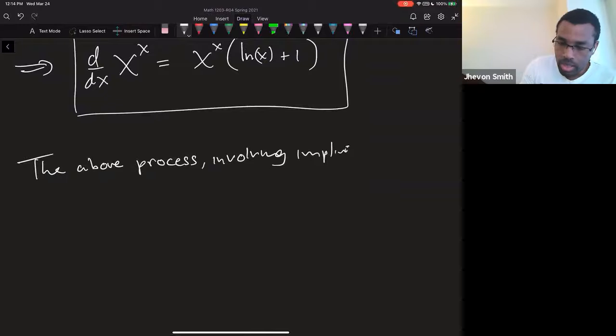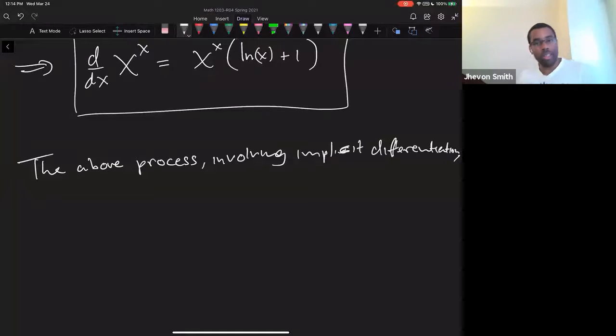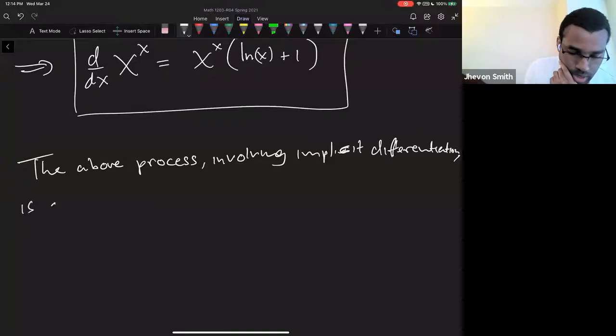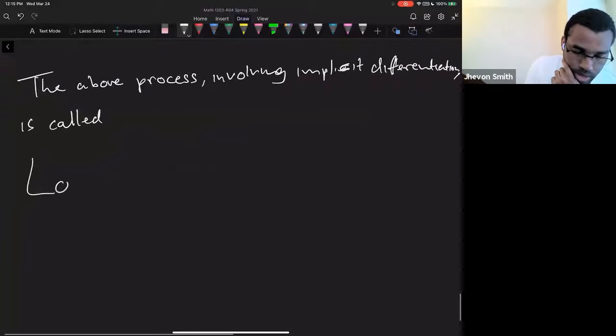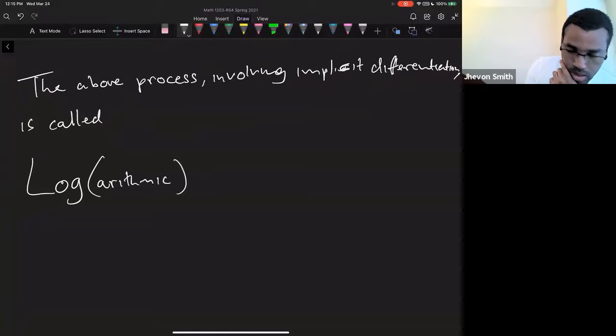Now, at the time when I was deriving this, I told you it involved the chain rule, but now we know that implicit differentiation is really just an application of the chain rule. So I still wasn't leading you astray back then. Involving implicit differentiation is called log differentiation. It's when you introduce a logarithm to make your derivative easier.